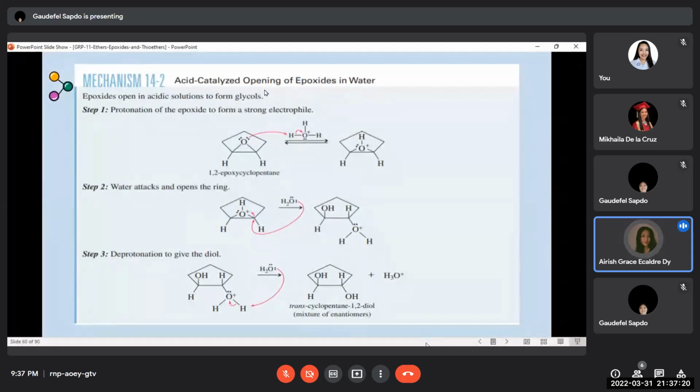Water will again attack the hydrogen along the way to the oxygen that is bonded now to carbon here. So that will be the result, trans-cyclopentane-1,2-diol.